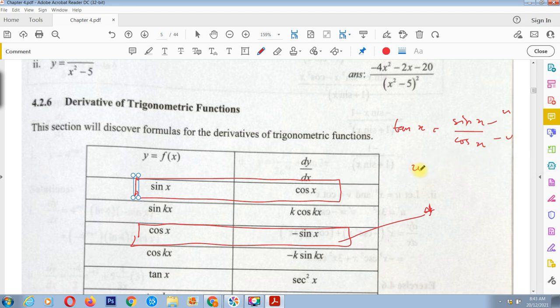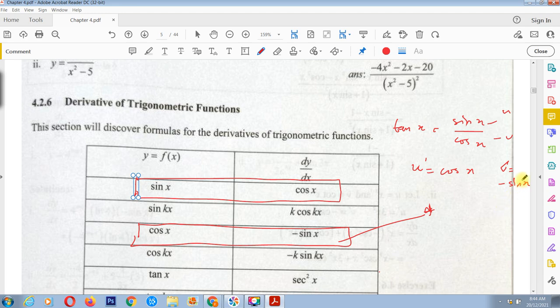So what is u prime? U prime is cos x. And then v prime, the derivative of cos, is equal to negative sine x. Negative sine x.